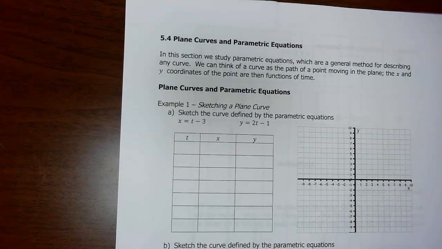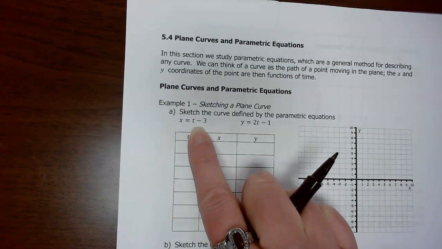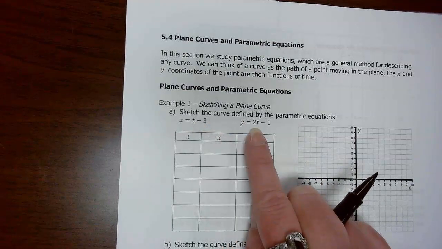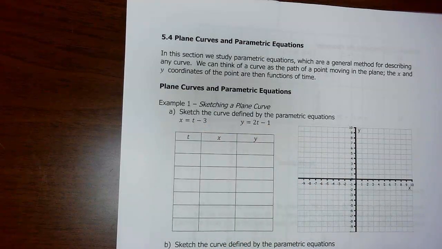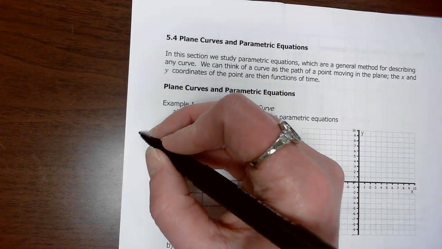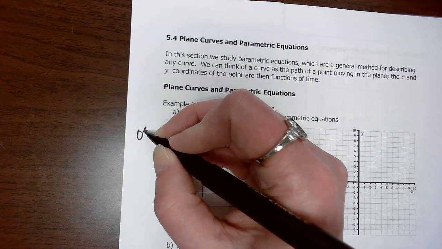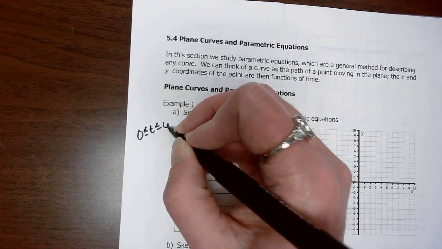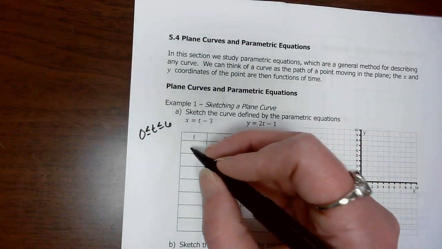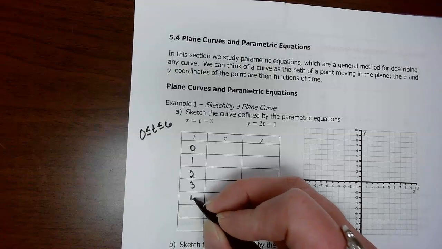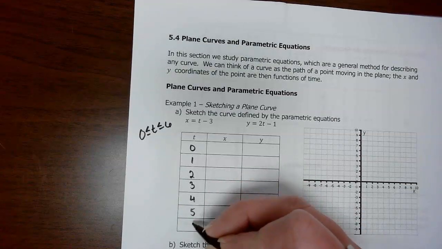So for this first one, we have a representative for x with respect to time, and y with respect to time. Usually we are given some specifications for our time. So let's say we're going between 0 and 6. That would mean I'd set my table up to go between 0 and 6.